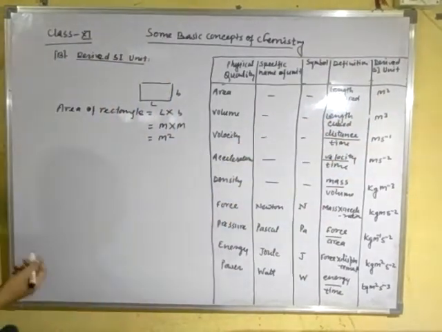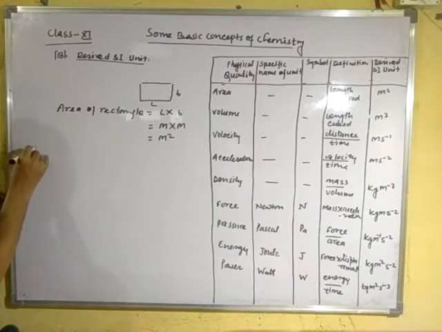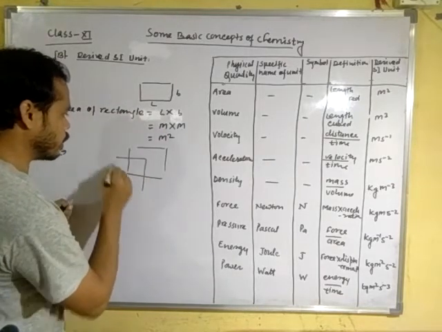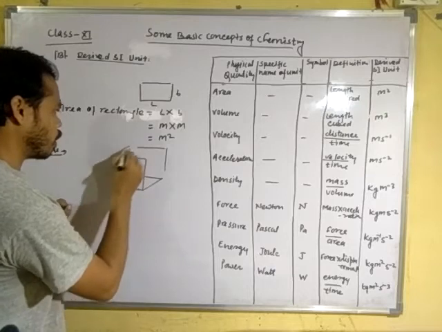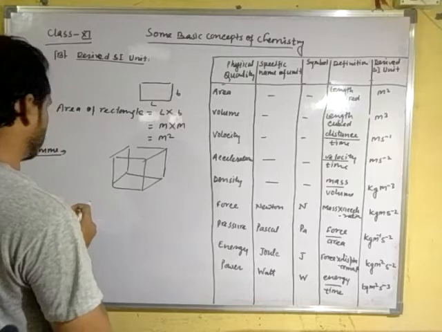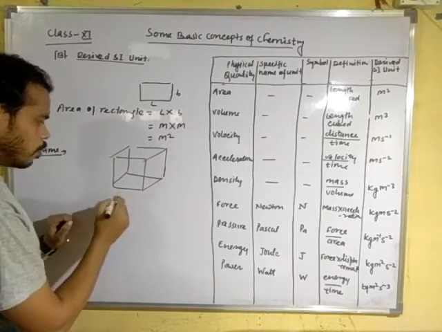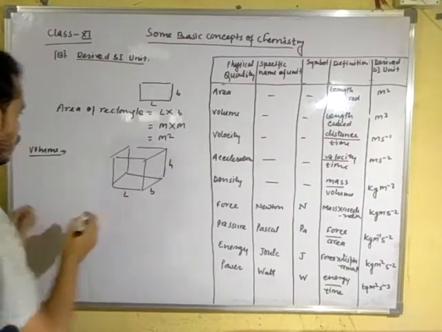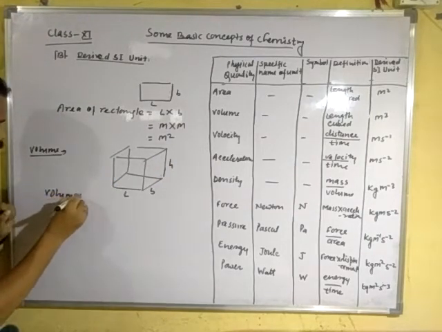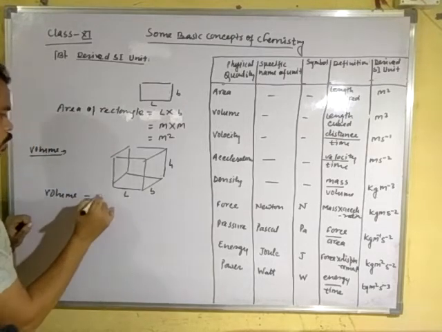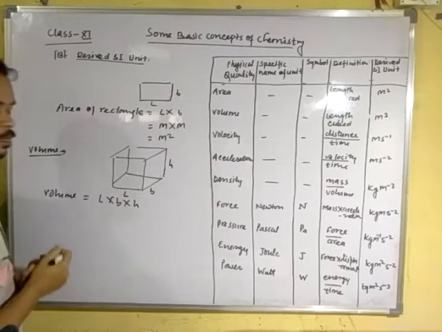Okay, let us see the volume. If we draw a cube-like structure like this, and we have to find the SI unit of its volume, first of all we should know that volume is length into breadth into height.